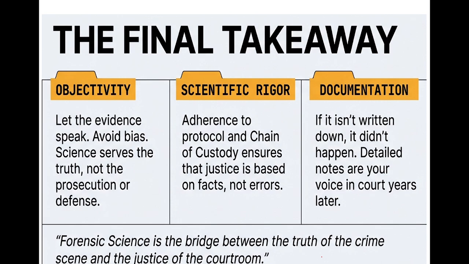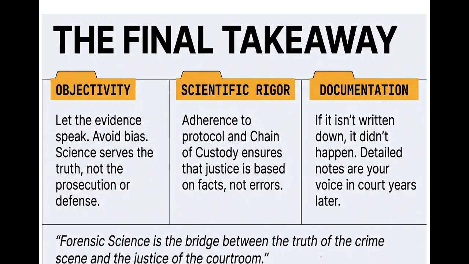The final takeaway for you is very important. Forensic science is the bridge between the truth of the crime scene and the justice of the courtroom. You need to be objective. Let the evidence speak. We've covered this entirely. Never show any bias. Never give any opinion.